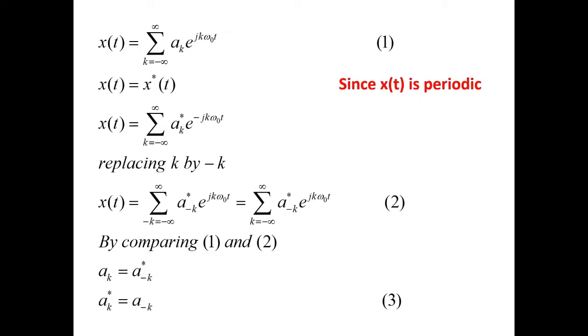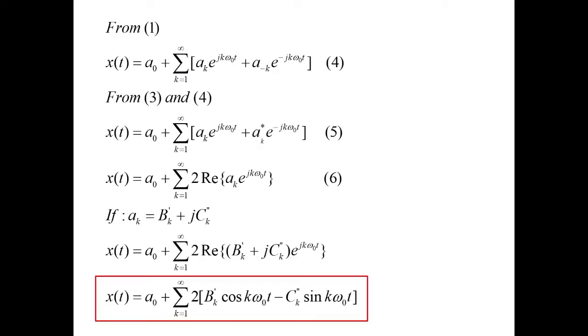So these are all the derivations. I am not going into that, but finally, what is the output in the complex plane? We have x of t equals a_0, which is the DC component, and then we have cos and sine components.